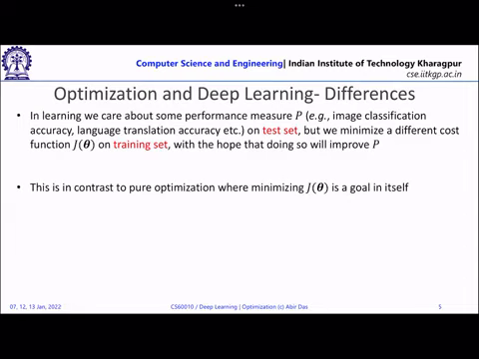Now, having seen the brief connecting link between optimization and deep learning, let us see some important differences between the two, and that is crucial. In learning, or specifically supervised learning, we have two different sets of data: the training set and the test set. For example, take image classification, where the input is an image and the output is the label.